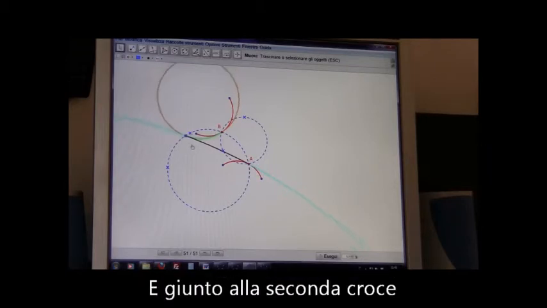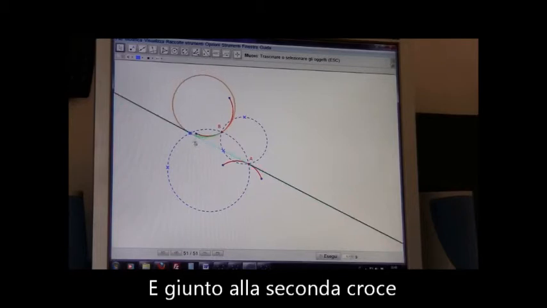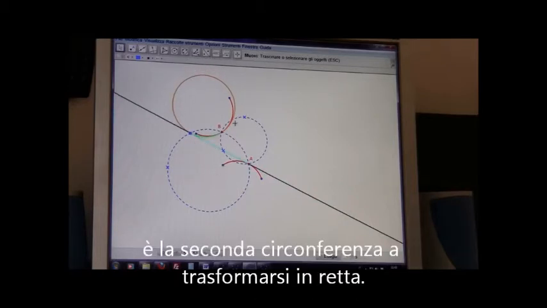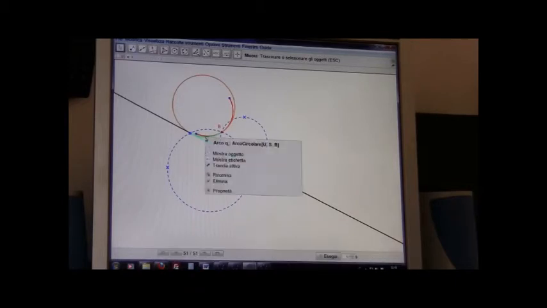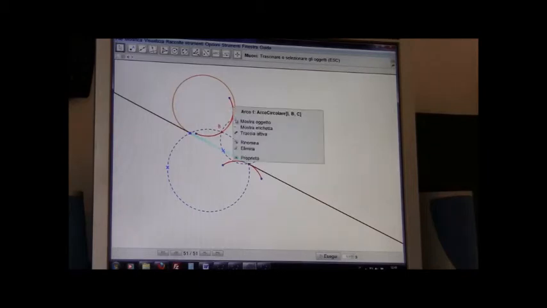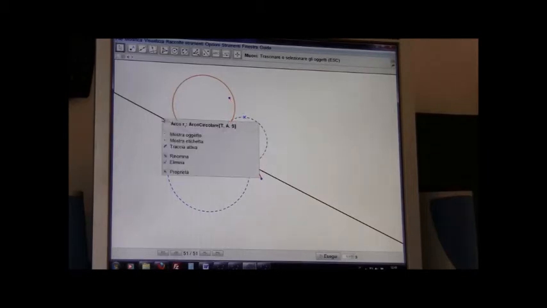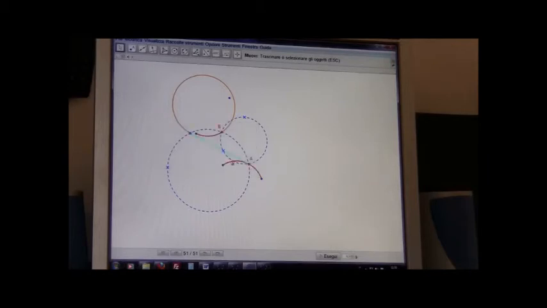And then when I get to this other point with a cross, the other circumference becomes a straight line. So we get something else. Let's make another choice. Let's get rid of this green one now. This red one here. And the brown one. And this bit here. So you have another polycentric curve here.